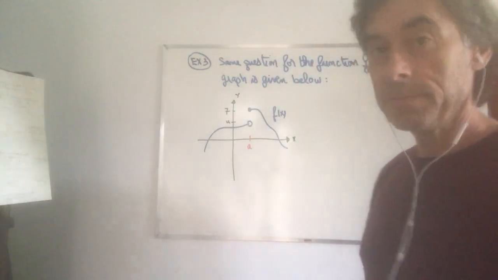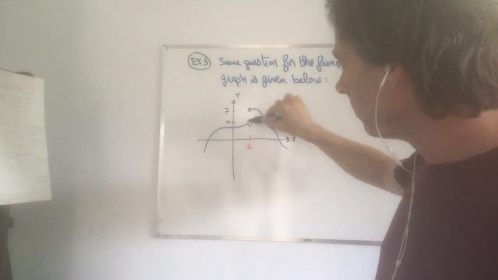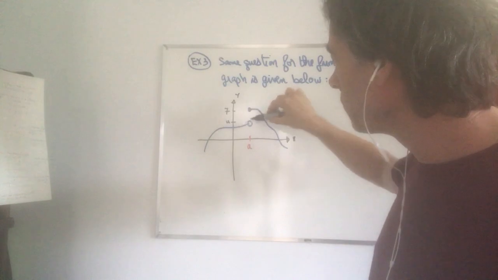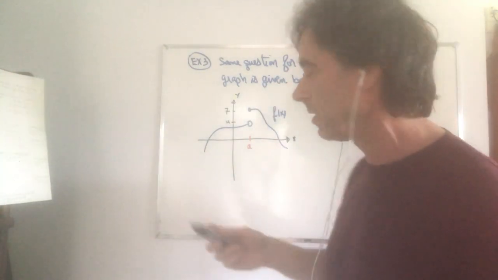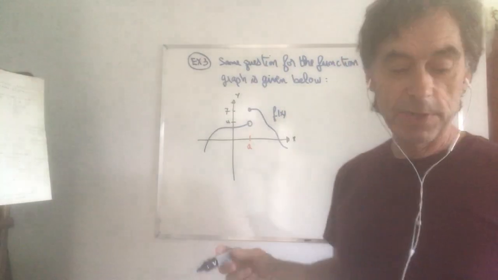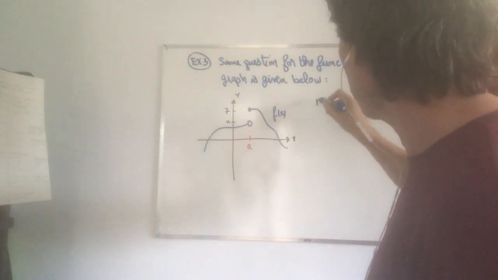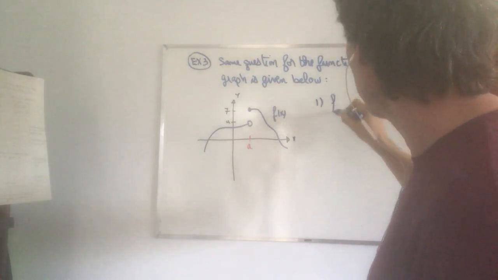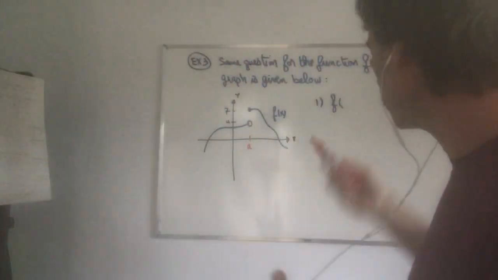It's pretty obvious. There is no way in the universe that I can sketch this graph without jumping from y equals 4 to y equals 7 at the point a, so this has got to be discontinuous. So really the only question that remains is which condition will fail us. Verifying condition 1, f of a: does it exist, and if so, what is it?